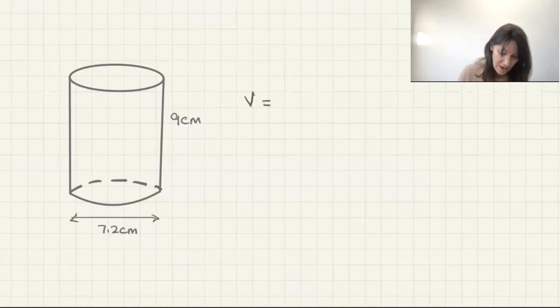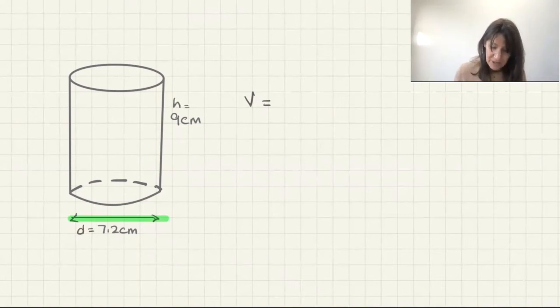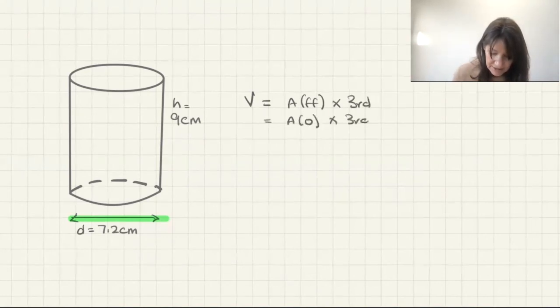Okay, so it's really worth looking at your diagram and taking in what you've got. We've got this information all the way across, which means we've got the diameter of the circle, and we've got a height here of 9. So my formula is the area of the front face times by the third length. Looking at the question, that means it's the area of the circle times by the third length.